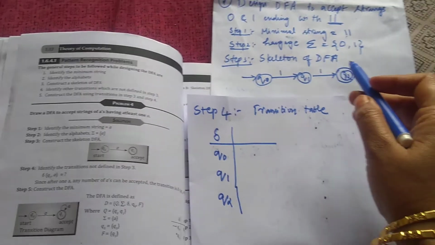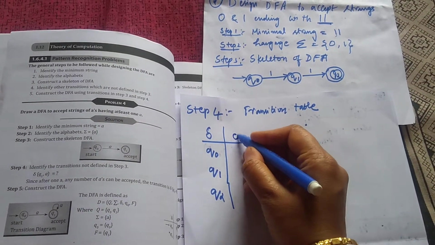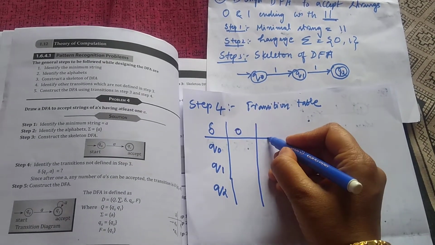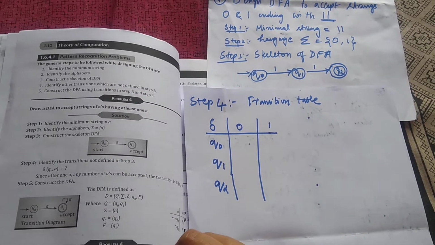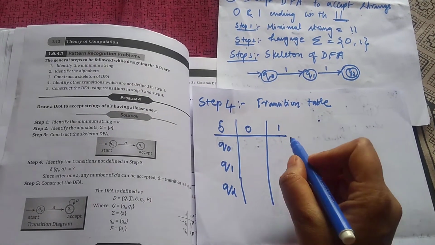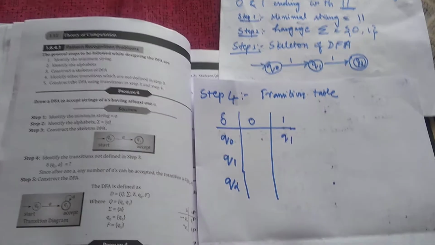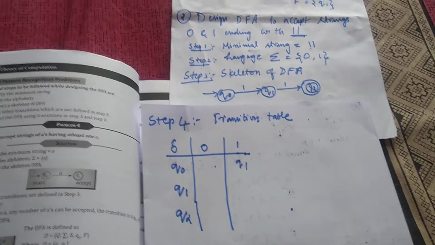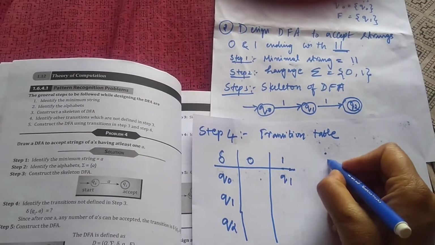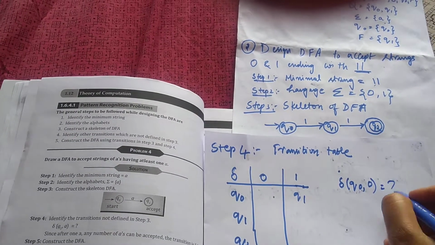And look at the language, what we have: 0 and 1. Okay, so Q0 upon 1, what happens? We are at Q1. Q0 upon 0, that means delta of Q0 comma 0 is what?